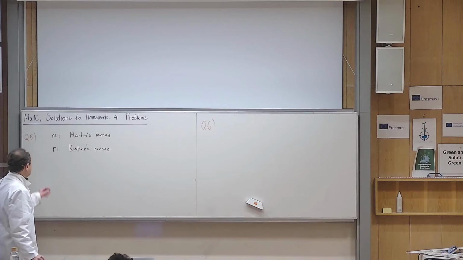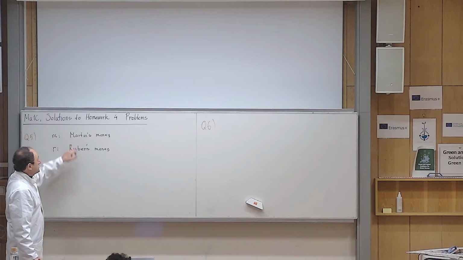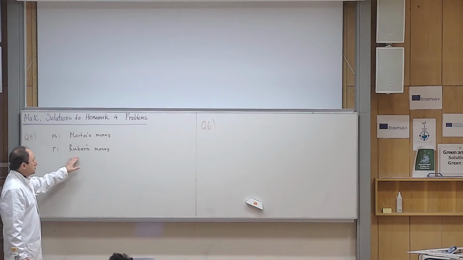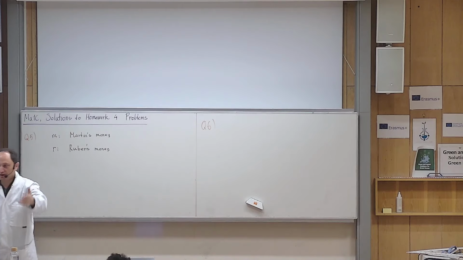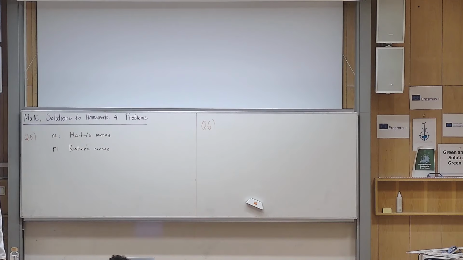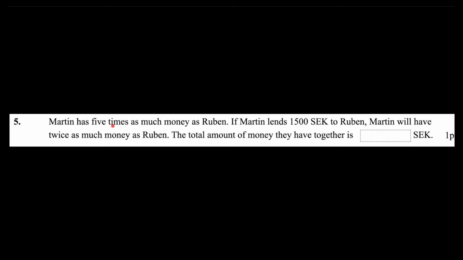So I have written, for example, M for Martin's money, R for Ruben's money. And then I have to read the problem sometimes several times to understand it, okay? So Martin has 5 times as much money as Ruben. Just translate this now into this new language. So what should I write?